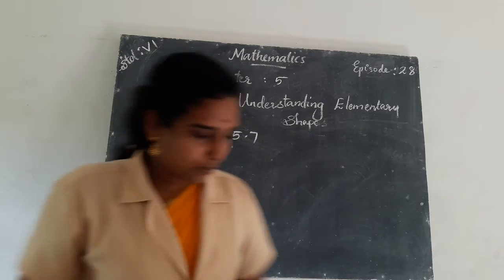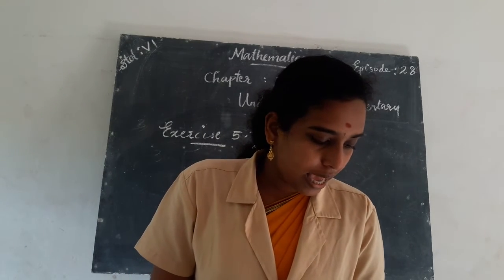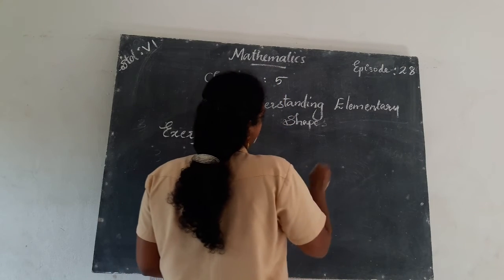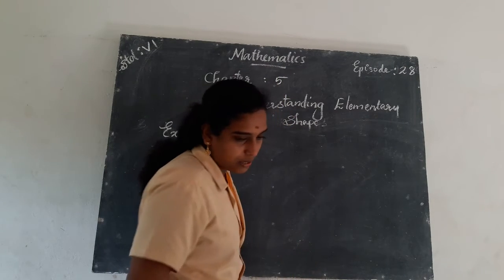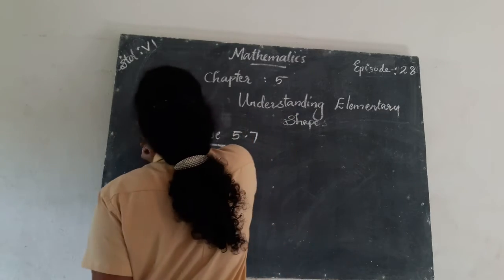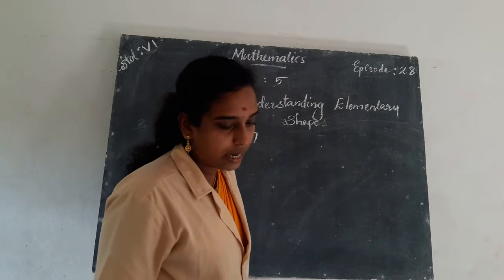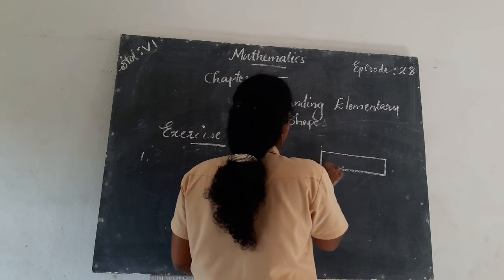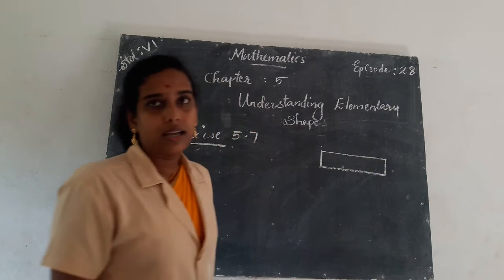Exercise 5.7. First one is each angle of a rectangle is a right angle. So let us try to identify whether the statement is true or false. Okay, so the first one is true or false. And the first statement is based on a rectangle. So first we draw a rectangle. A rectangle has opposite sides of equal length.